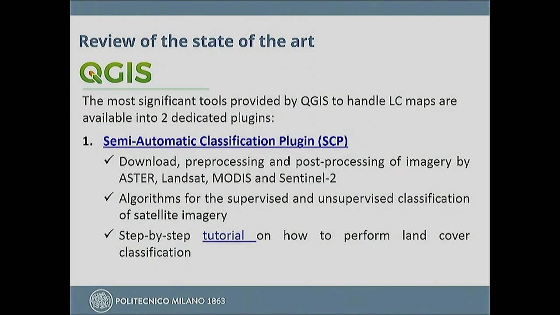Then suppose that I have my land cover map, or I have the data where to assess my map, for instance, because I wandered around in the city collecting data with a land collector, and therefore I have point data taken in the field for validating my land cover map. And the other thing that is available is the tutorial.